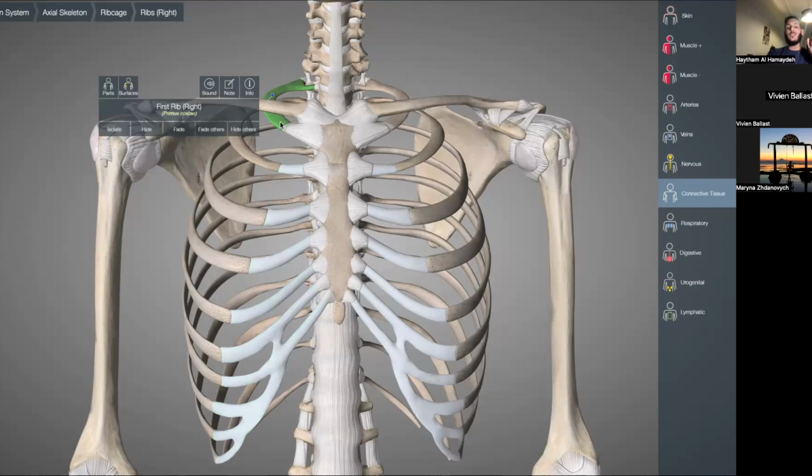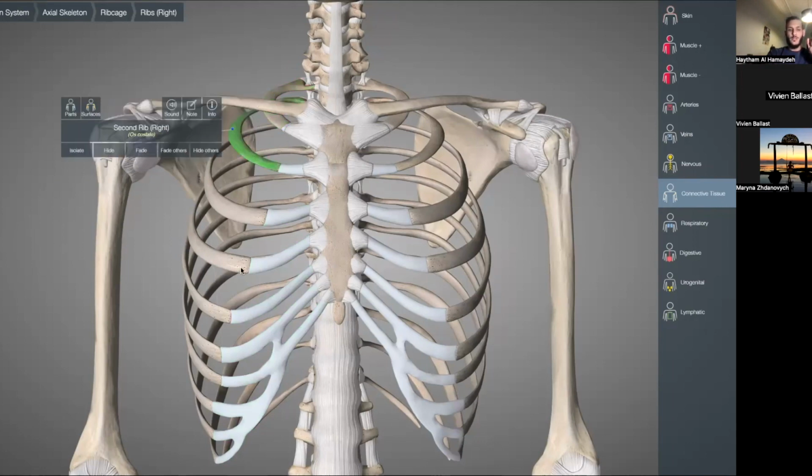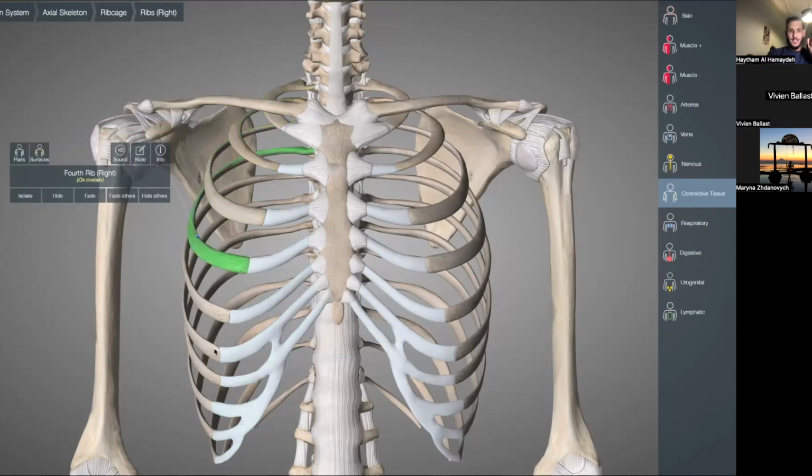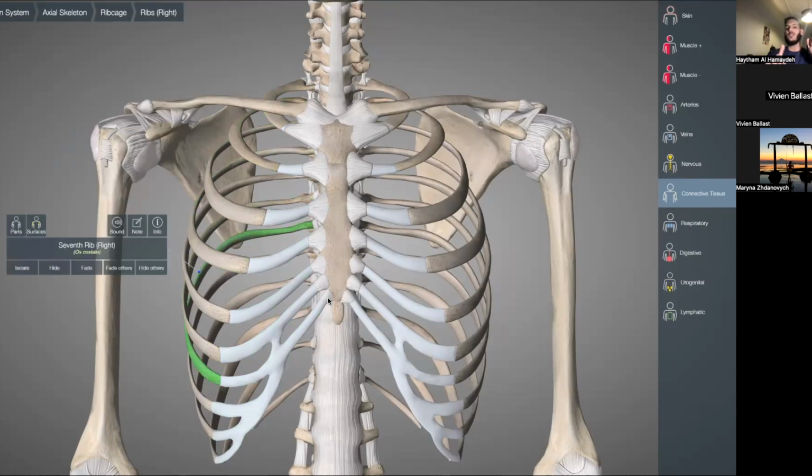So these true ribs are 1, 2, 3, 4, 5, 6, and 7. They articulate directly with the sternum through the costal cartilage. This is the definition of a true rib.